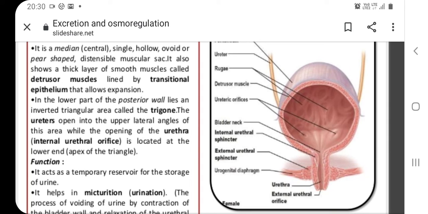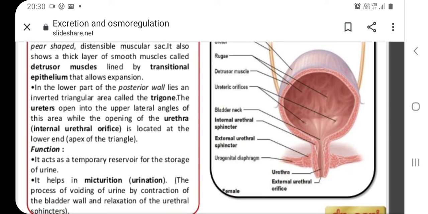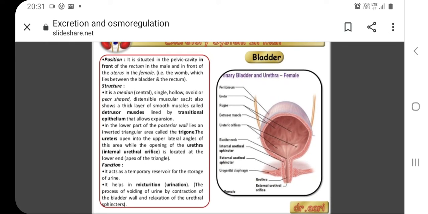It acts as a temporary reservoir for the storage of urine. It helps in micturition, means urination. The process of voiding of urine by contraction of the bladder wall and relaxation of urethral sphincter is called micturition or urination.